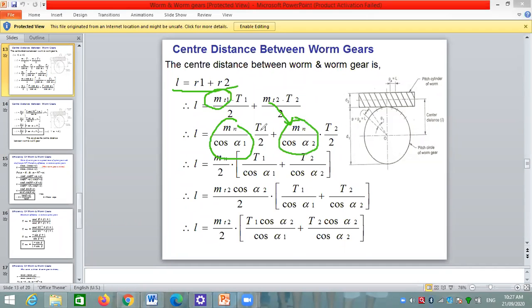Okay. Then we will take Mn by 2 common. Therefore, center distance is equal to Mn by 2 into T1 upon cos of alpha 1 plus T2 upon cos of alpha 2. Okay.